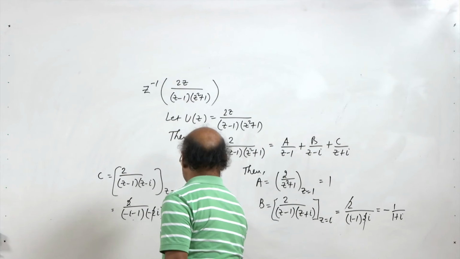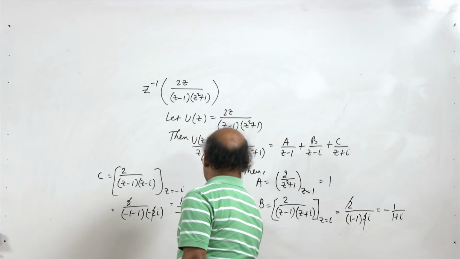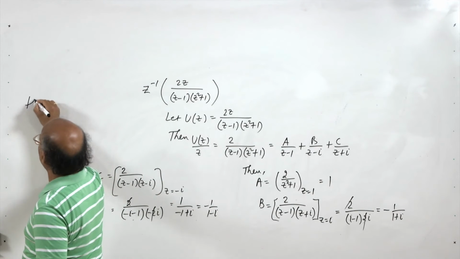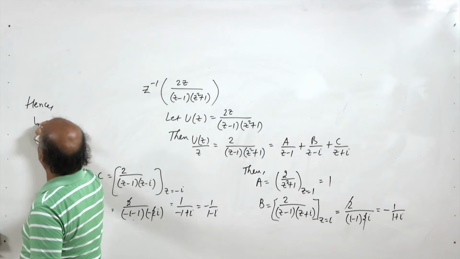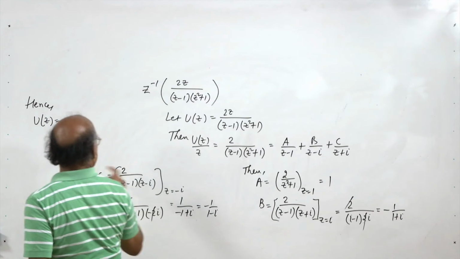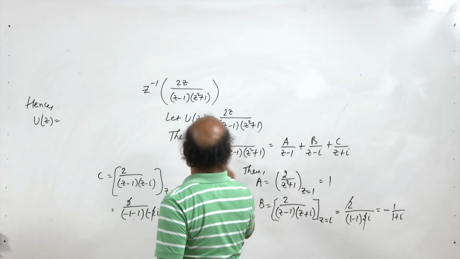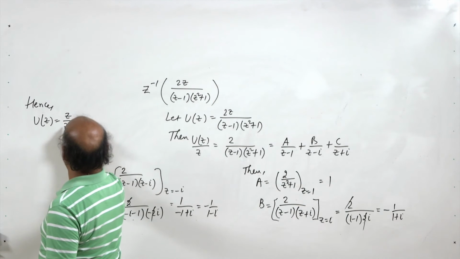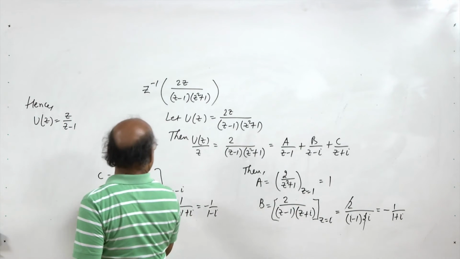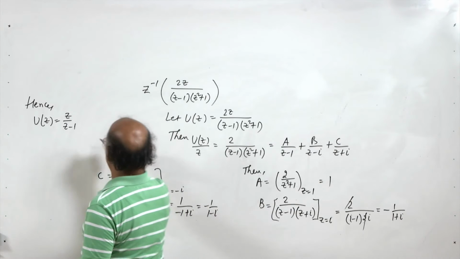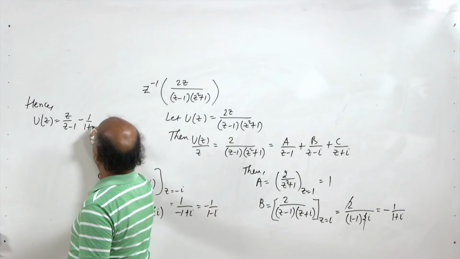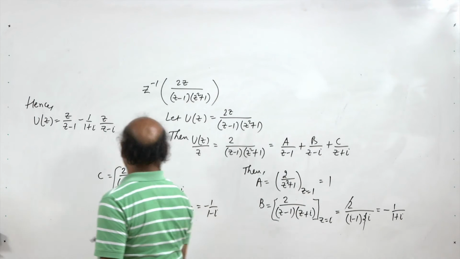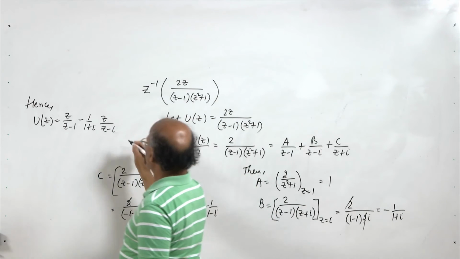So, we get minus 1 upon 1 minus i, and hence U(z) will be equal to z, we multiply in this equation, a is 1. So, z over z minus 1 we have, and then we have b is equal to minus 1 over 1 plus i into z over z minus i, and then c is minus 1 over 1 minus i.